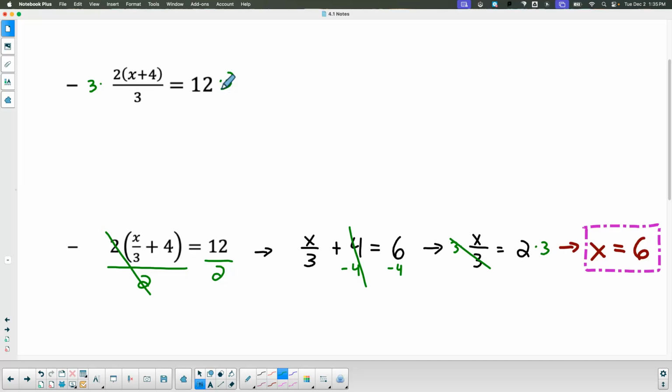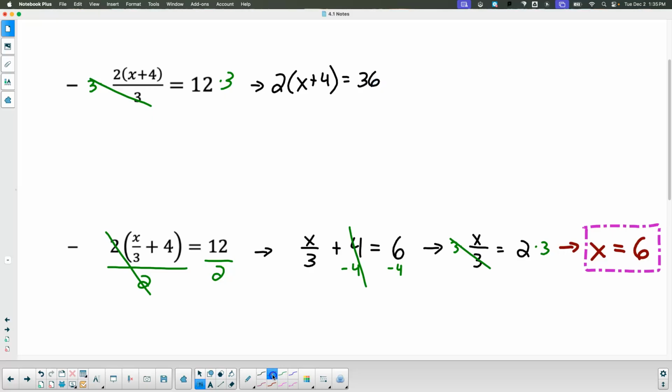What do we get when we multiply by 3? Left side we get 2 times the quantity, x plus 4. Right side we get 36. Okay. Then what? We could distribute.